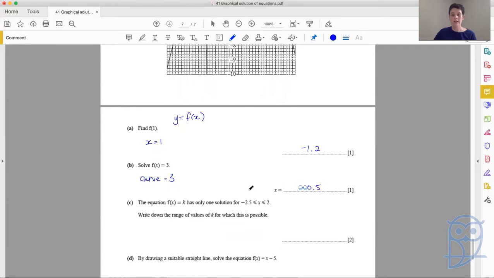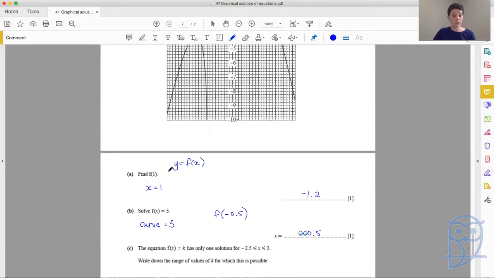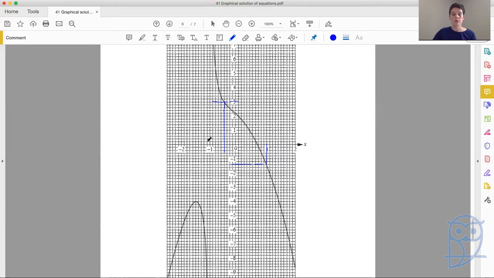And if you think about it, if we put minus 0.5 into f, like we did for the first question, we'd go up and we get 3. So it's a lovely way to check your functions backwards and forwards.